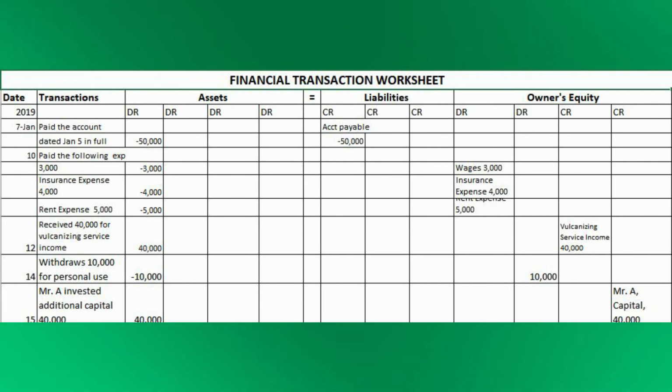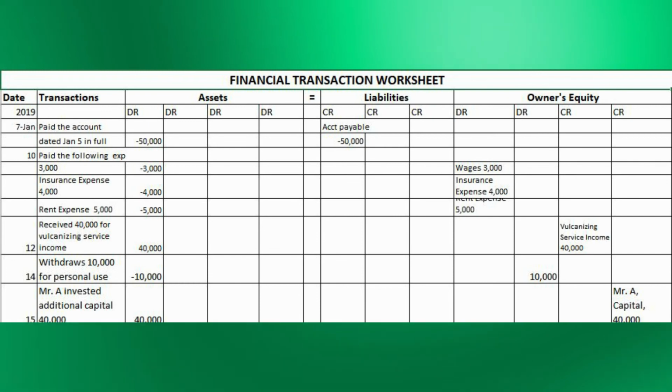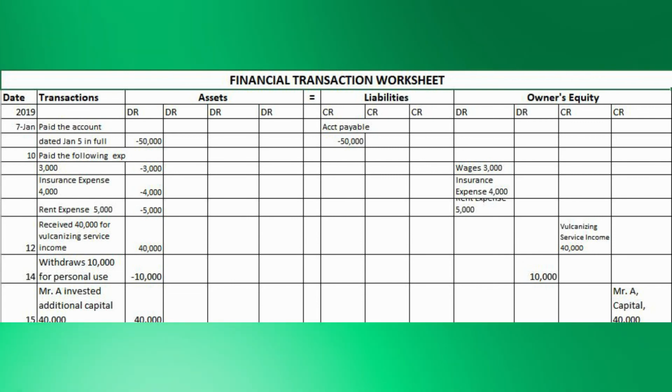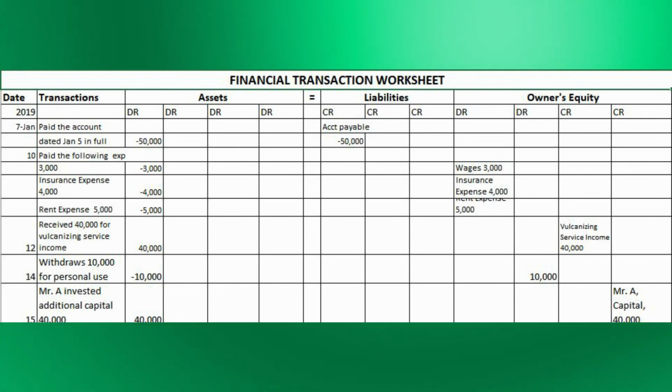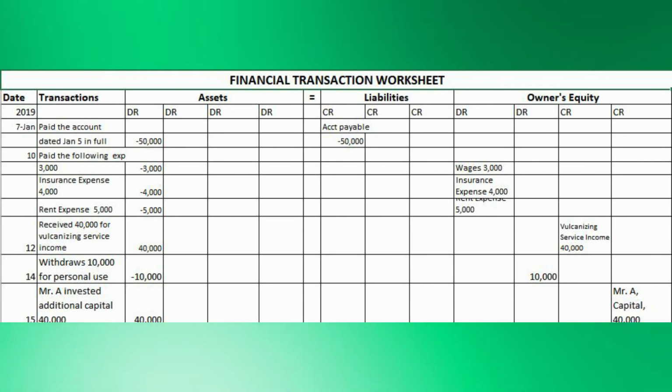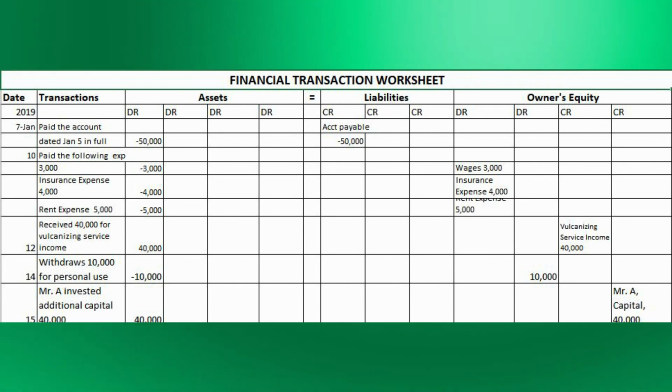So I will repeat, in the January 12 transaction, if the customer is given an account, meaning he will pay for the service after a few days or depending on the terms given by the owner, on the left side, instead of cash, you are going to put another column, accounts receivable.